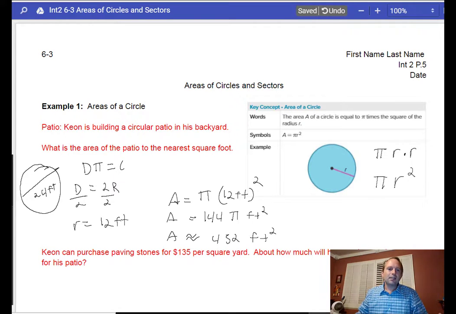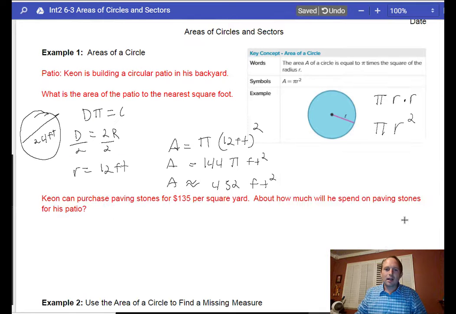It says Keon can purchase paving stones for $135 per square yard. About how much will he spend on paving stones? Well, if it's $135 per square yard, we'd have to convert. So we understand that 1 foot would be 3 yards.